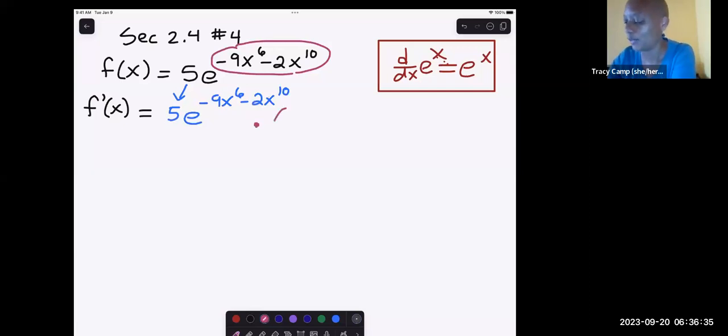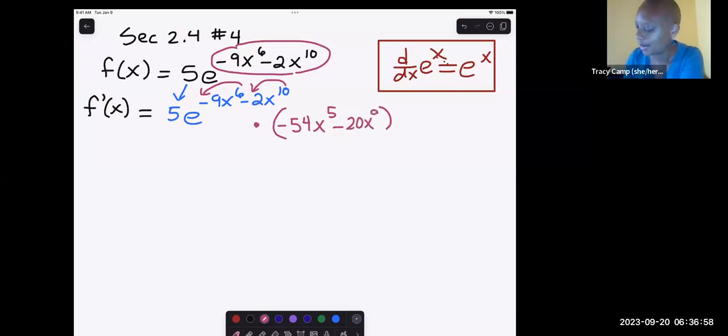And the chain rule says I have to multiply by the derivative of all this other stuff. So this is where I bring my exponent down. -9 times 6 is -54x, take 1 away from the power, the 5th, minus 2 times 10 is 20. And then I have x to the 9th, and I'm done.